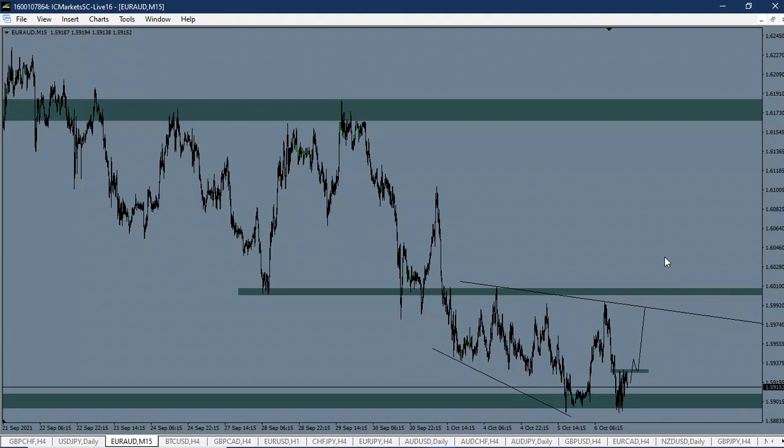If it crosses and breaks this trend line and the zone, we'll be expecting a retest, which will mean this will be our double bottom to reverse this whole move here to take towards the upside.